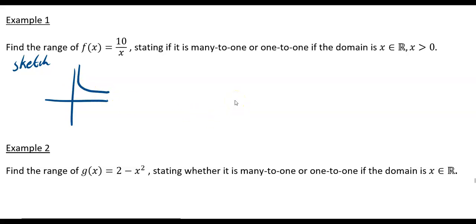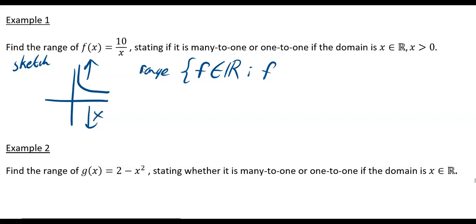So if you have a look at this function, we have to look at the range and decide what it is. So for the range of this one, f belongs to the set of reals such that f would go up to infinity, but it doesn't even exist down that way.